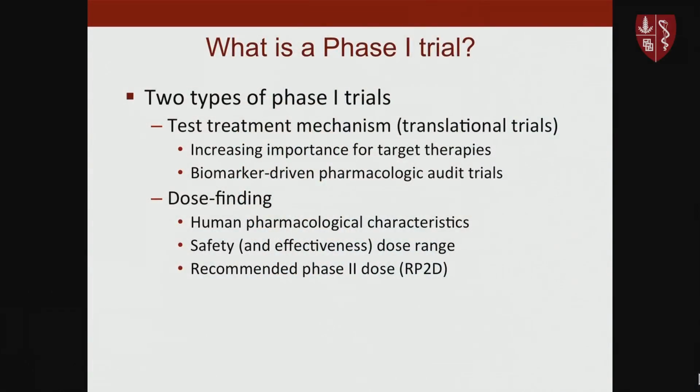So there are two types of phase 1 trials. One is more on treatment mechanism, usually carried out not only by companies but also at the university level. It's of increasing importance with targeted therapy. The idea is that before you expose patients to a high level in a full trial, you want to see if the target actually responds to your treatment.